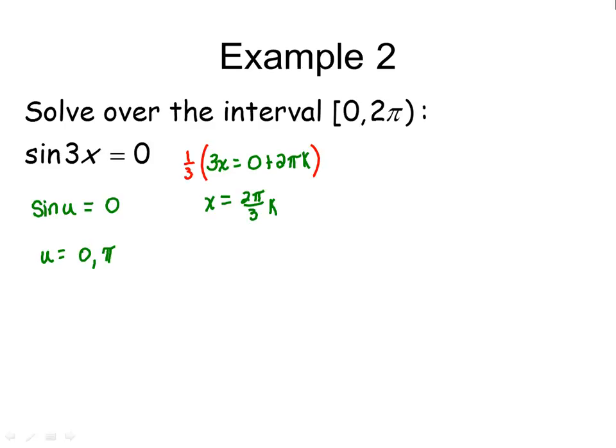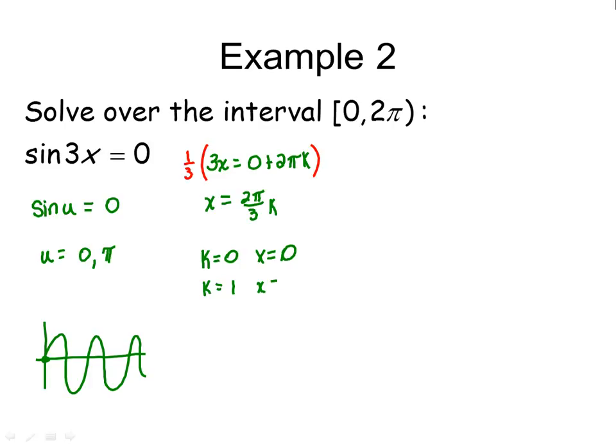Okay, so if k is equal to 0, what is x equal to? 0, and we already know that because no matter how many sine curves we put in here, they all start at 0. If k is equal to 1, what is x equal to? 2 pi over 3.